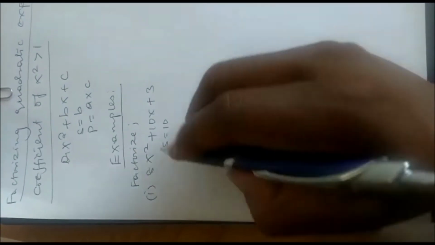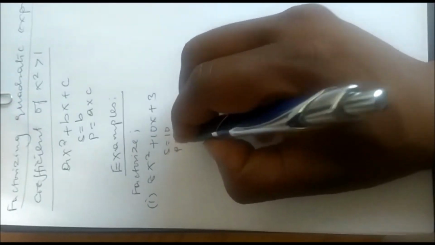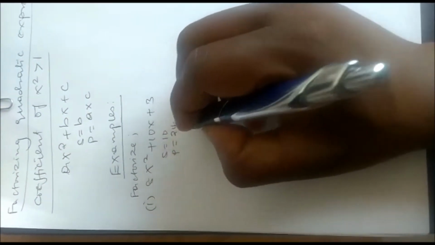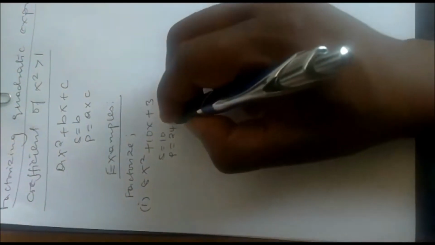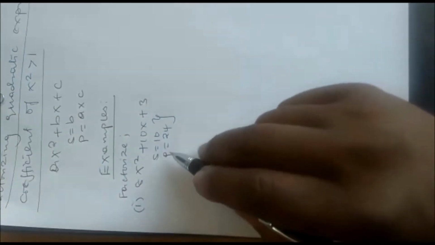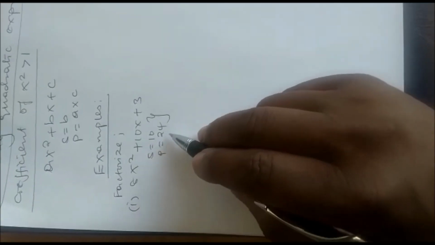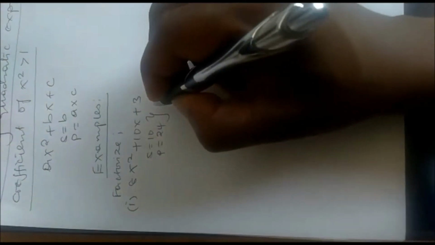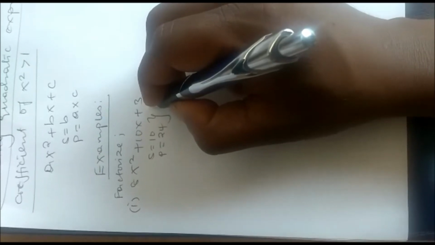Then we have the product being given by 8 times 3, which is 24. Now, in this case, we have to look for two numbers which when we add we get 10, and when we multiply we get 24. This will be given by 6 and 4.